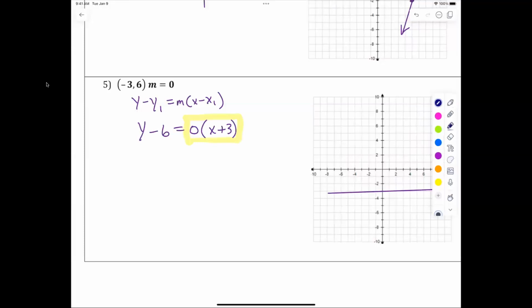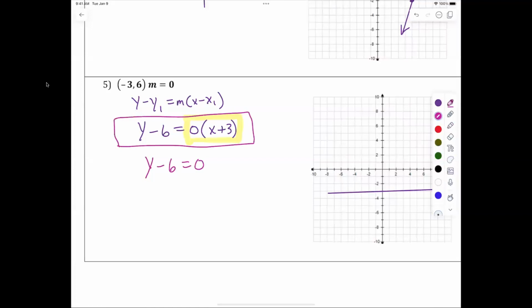I really wish you would be smart enough to say, well, I just know that's then y minus 6 equals 0. So that would be the correct form if they ask you to write it in point slope form. If you wrote this, I'm totally fine with that. But I want everybody here to know 0 times anything is just 0.